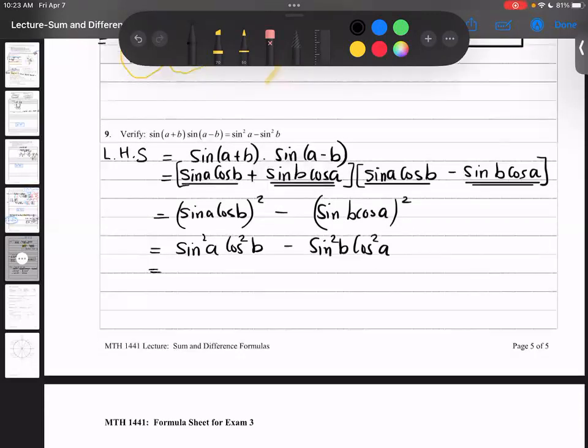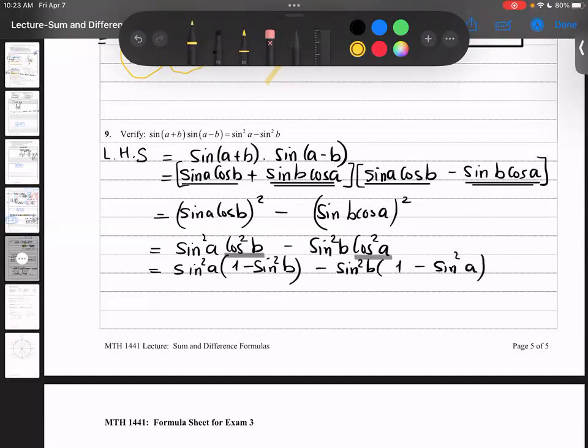All right, here's the fun part. Maybe fun to me, but not to you. But I'm going to change this cosine squared B into a Pythagorean identity. Can someone tell me what it is? Yeah, 1 minus sine squared B. And then you do the same thing for this guy, cosine squared A. So minus sine squared B times 1 minus sine squared A. Your last part is to distribute.